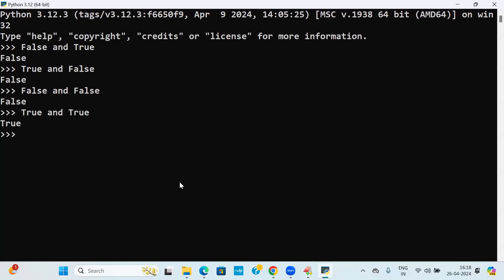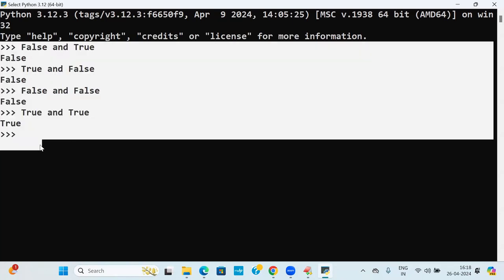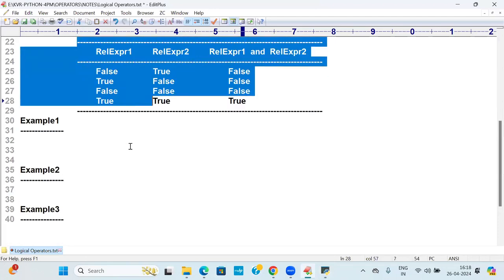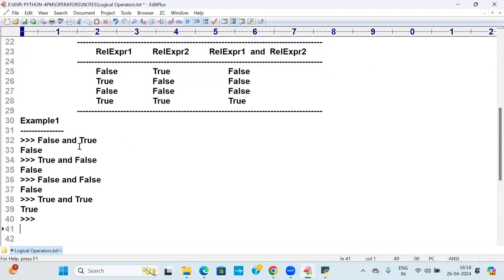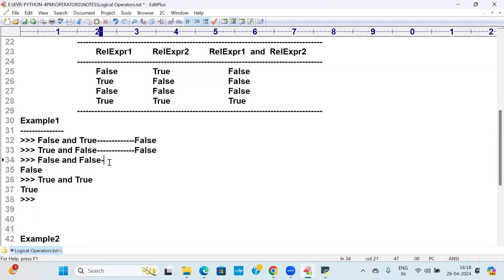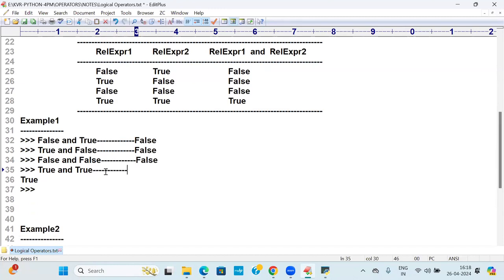True. Are you following? This is the table you already learned, but I took it as it is. So here, true and false, true or false, false and false, and true and true, like this. True. So done. Students, be careful.